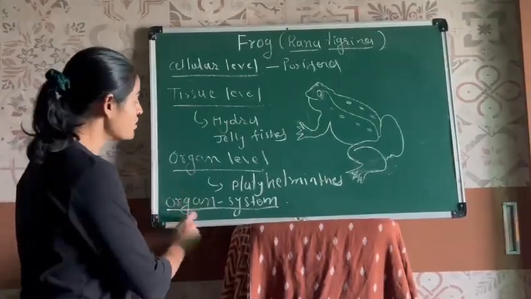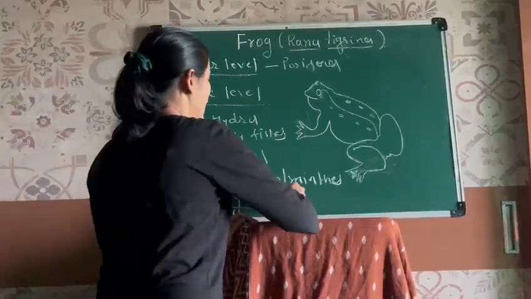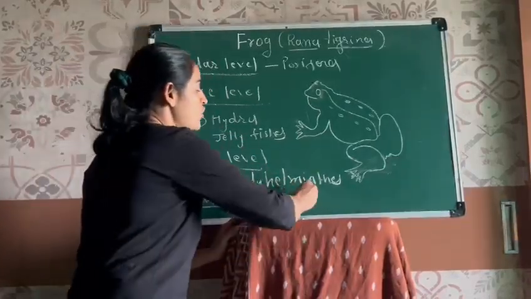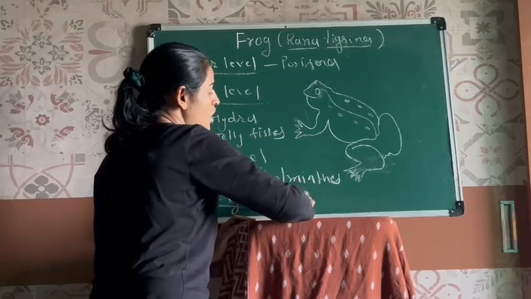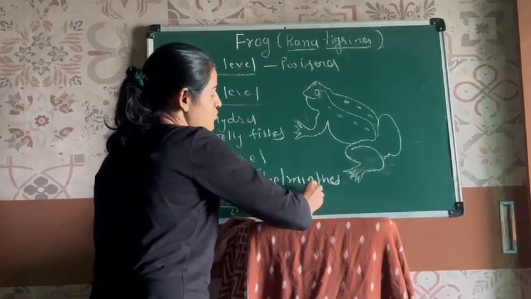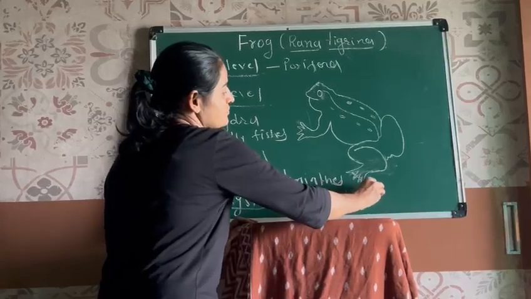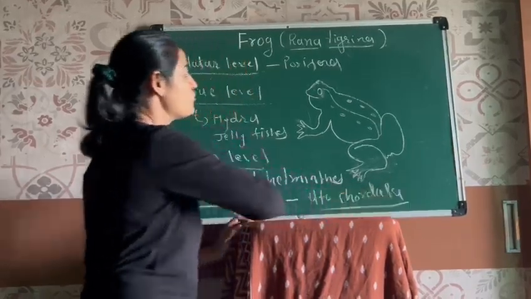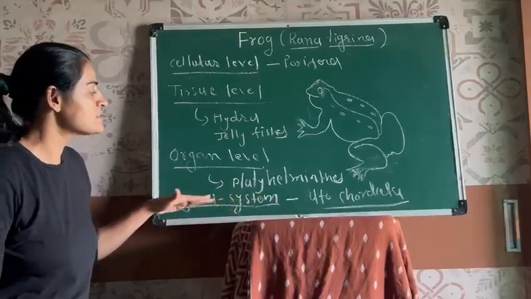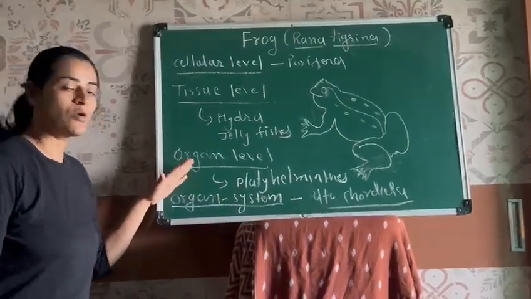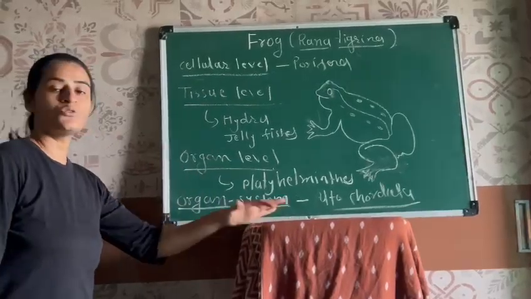That level of organization is called the organ system level of organization, and it is observed from Aschelminthes up to chordata, that is, up to humans. You have already studied the tissues and related topics in your previous classes.